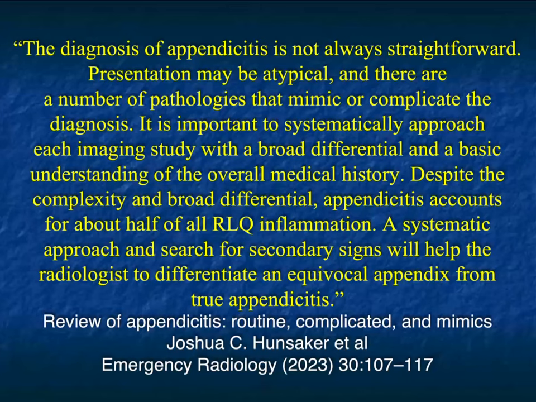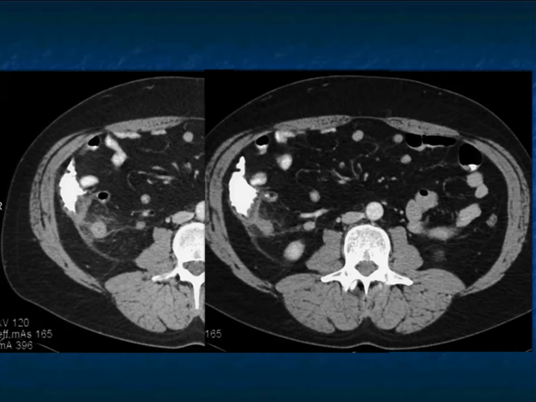Despite the complexity and broad differential, appendicitis accounts for about half of all right lower quadrant inflammation. A systematic approach and search for secondary signs will help the radiologist differentiate an equivocal appendix from true appendicitis. So again, we need to look at what we need to see.